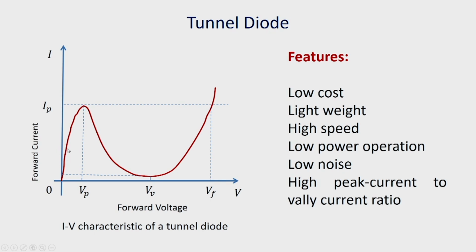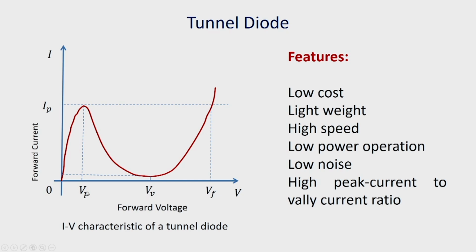We can see that initially, as we increase the applied voltage across the diode, the forward current increases, then it reaches a peak value, and then with the increase of voltage, the current actually decreases, and this decrease of current continues till some voltage which is shown as Vv here.